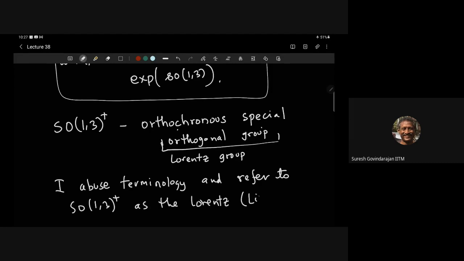It's just some abusing of terminology because I can't keep saying orthochronous special orthogonal group, it sounds very long. So this is the setup, and you can check that it's a beautiful group.